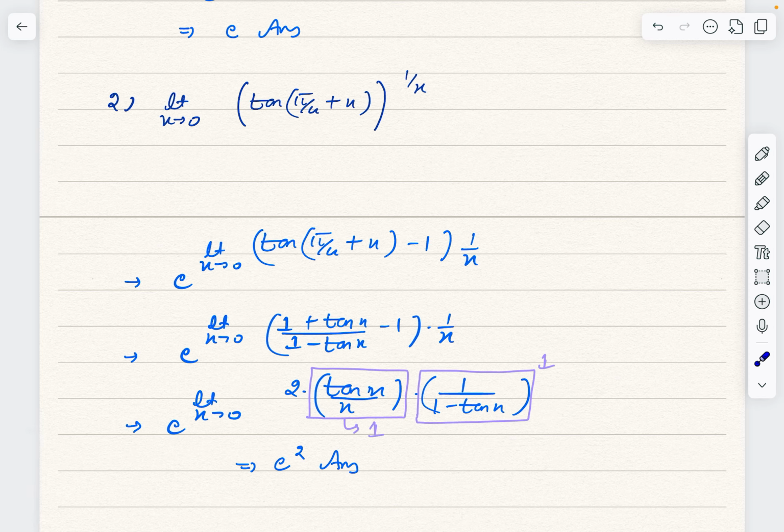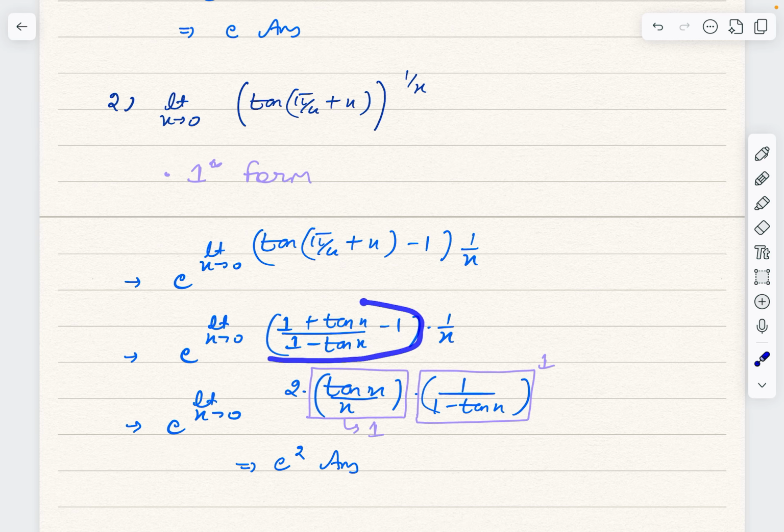Those who could not solve, see this thing, guys. When you put x as 0, it will come out to be 1 power infinity form. So direct formula: e power limit x tend to 0 of (f(x) minus 1) into g(x). This you can expand here using the formula for tan of (pi by 4 plus x). It will be (1 plus tan x by 1 minus tan x minus 1) into 1 by x.